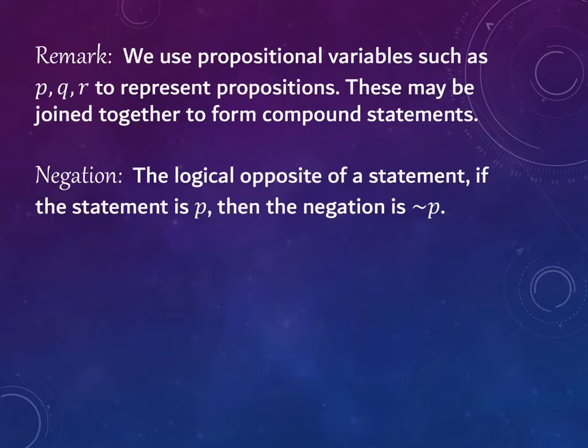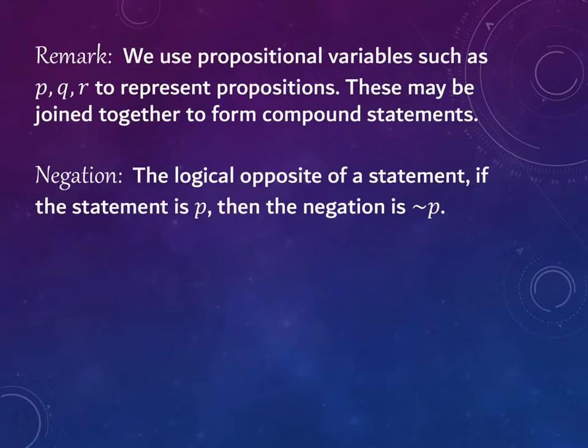A negation is the logical opposite of a statement. If we say that the statement is P, then the negation looks like tilde P. So it kind of has the feel of a negative in front of a number, just by its form.